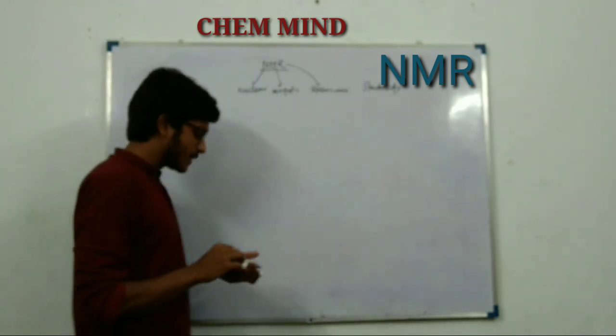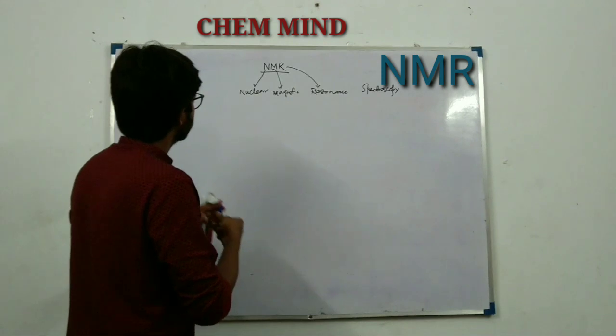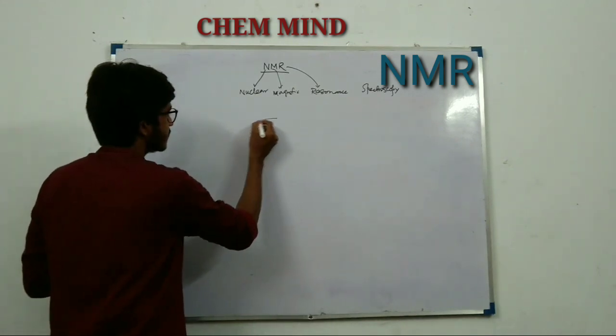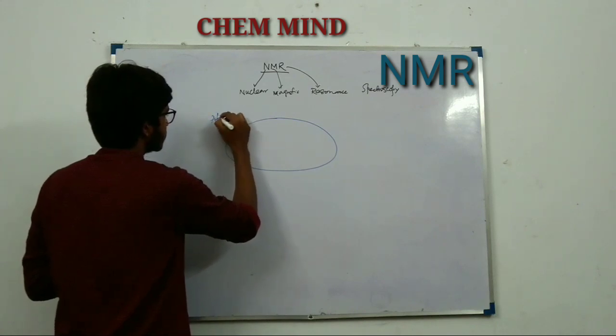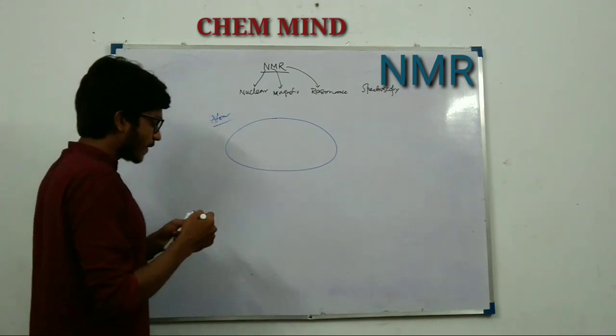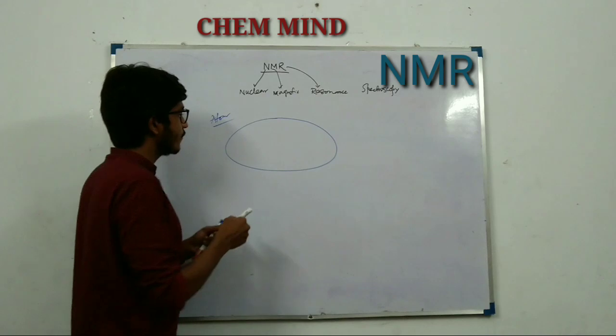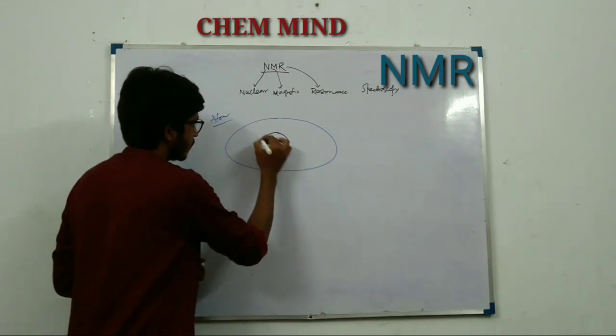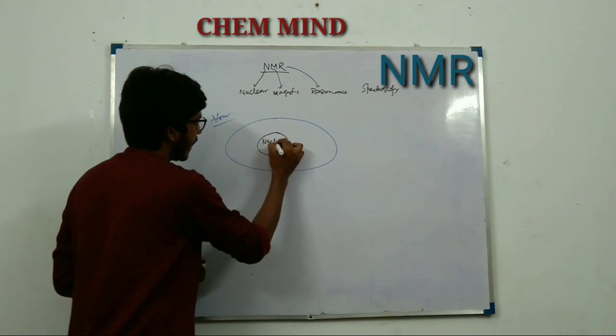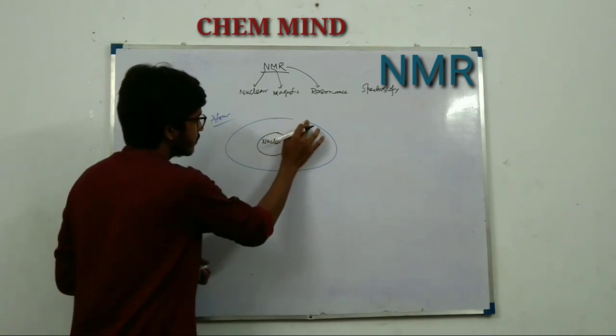Now first, let's consider that this is an atom, and in that atom there is the presence of one nucleus.